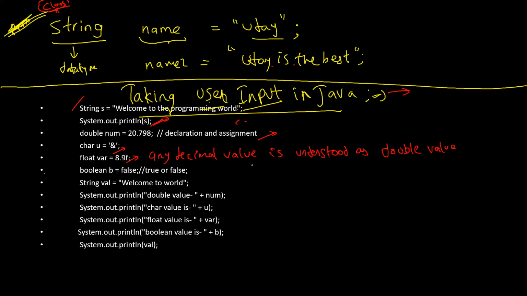So instead of double, we say, okay, float, you are fine, this value could be accommodated in float. I'm guaranteeing it. So you just put a small f, and then it is accepted as a float value. In the same way, for boolean, you put false.